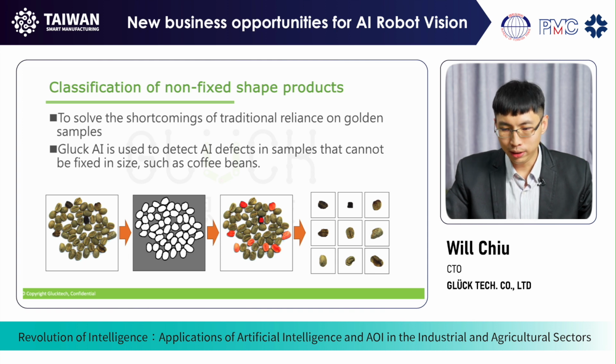AI can rapidly detect and differentiate defective beans, such as damaged, moldy, or abnormally shaped ones. This helps prevent defective products from entering the market, maintaining product reputation. AI systems can operate around the clock without the need for breaks, ensuring uninterrupted production line.